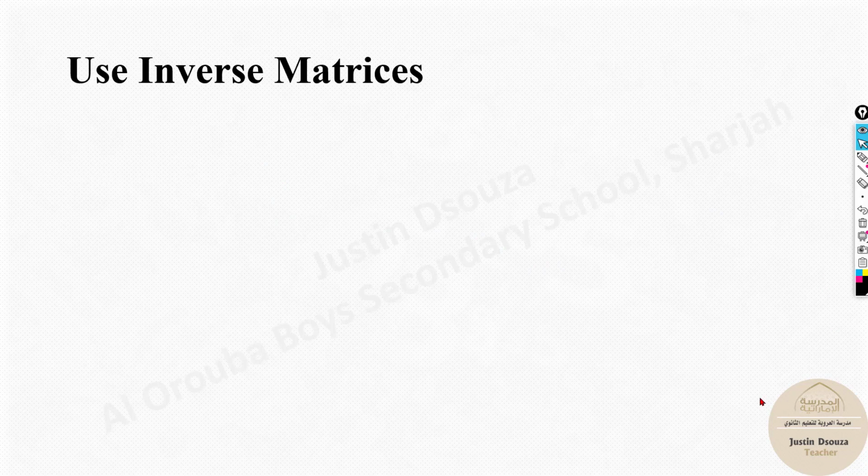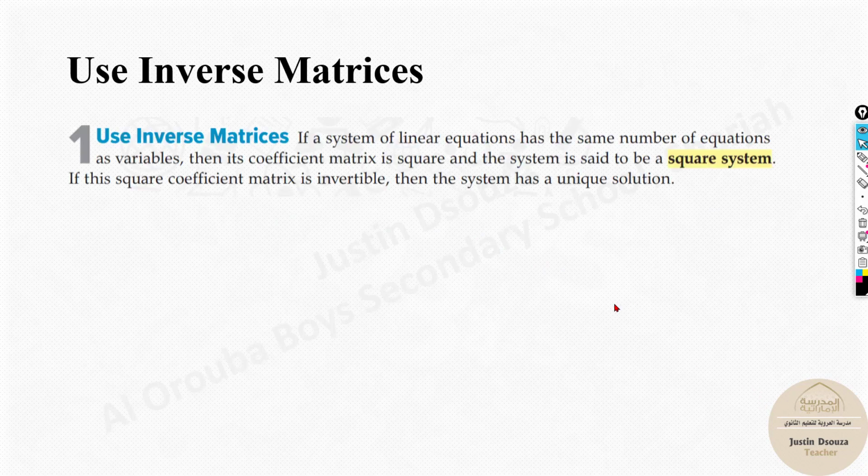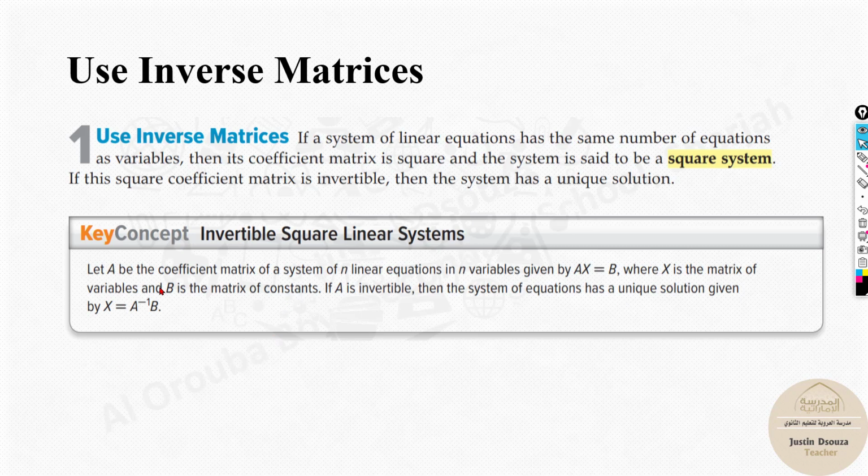We can use inverse matrices to solve systems of equations. Now before that, what is a square system? Not a square matrix, a square system. You have an equal number of equations and variables. If you have x and y variables, you need two equations to solve them, say ax plus by equals c and a2x plus b2y equals c2.